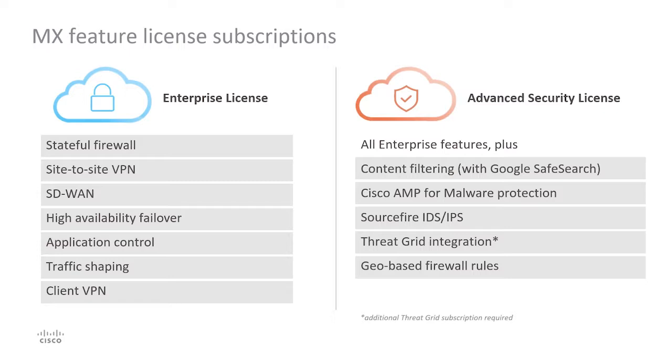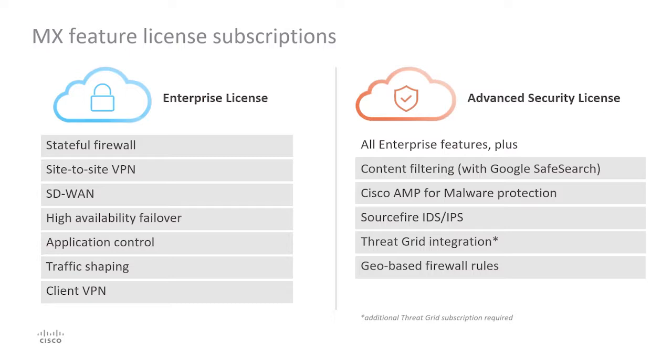Advanced Security license features include Google Safe Search and YouTube for Schools, Cisco Advanced Malware Protection with its Global Threat Intelligence Network, Cisco SourceFire IDS and IPS to detect and protect traffic between the Internet and the LAN, as well as VLAN to VLAN, Threat Grid Behavioral Monitoring to establish file dispositions through executing potentially malicious files in a sandbox environment, and IP geolocation database for geographical-based firewall rules.